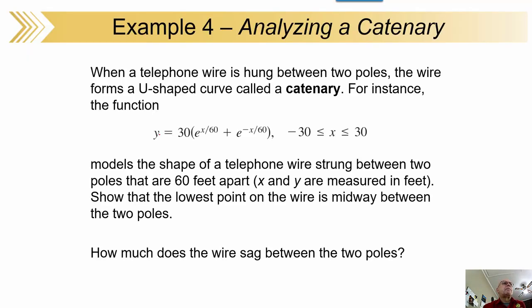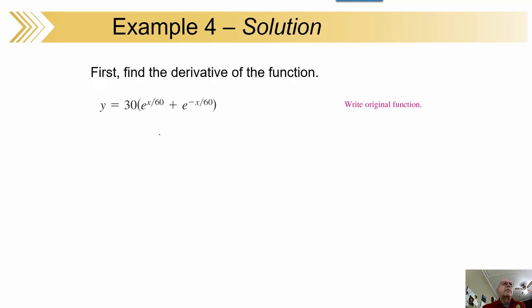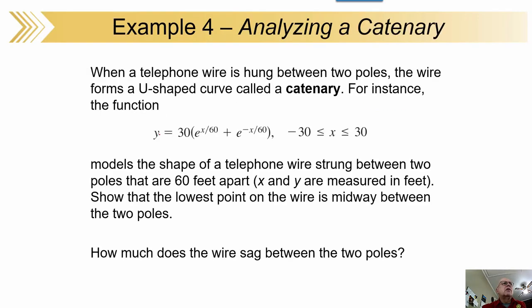Applications. This one's a little bit tricky, so you might want to take this a little slowly and write some things down as you go. What we've got is a telephone wire hung between two poles. So the catenary has this function that describes its shape.